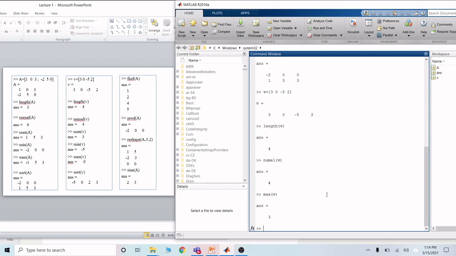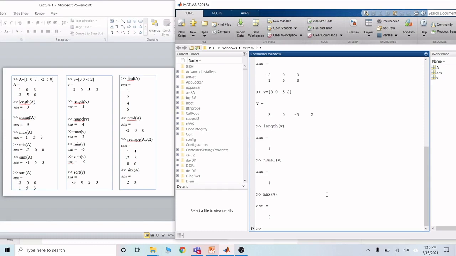Max computes the maximum in each column, but there is only one element in every column, so it computes the maximum row-wise, because there is only one row.